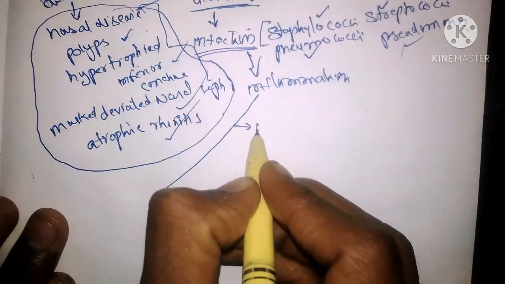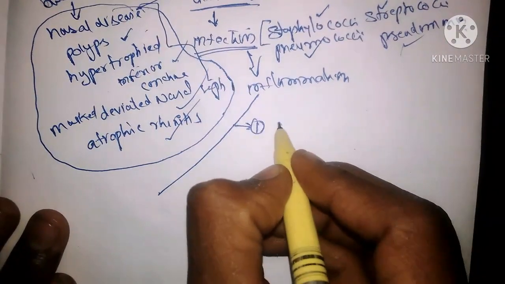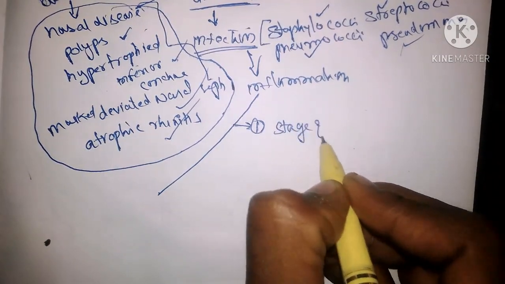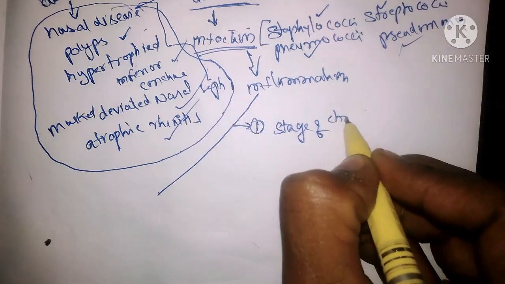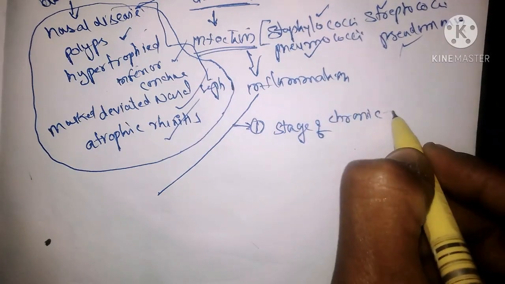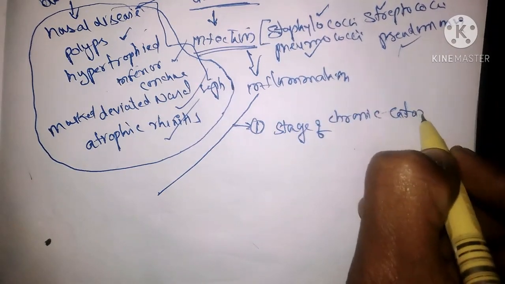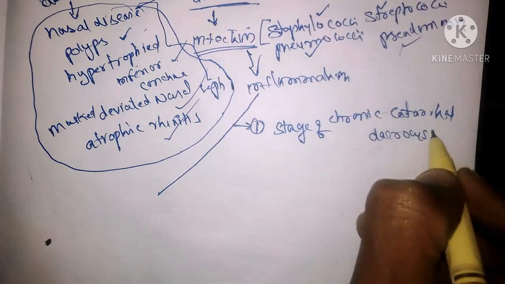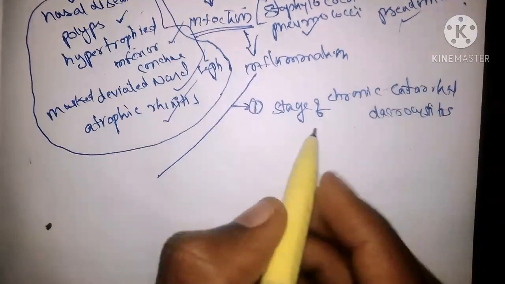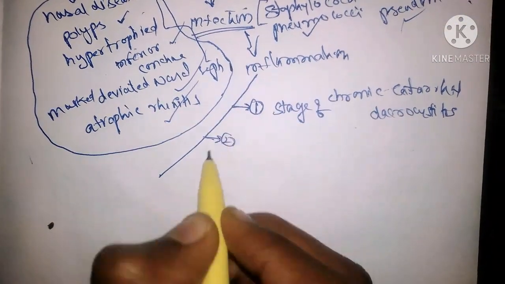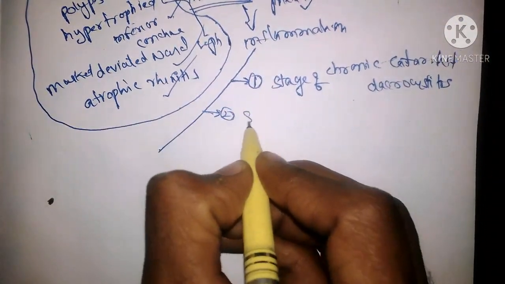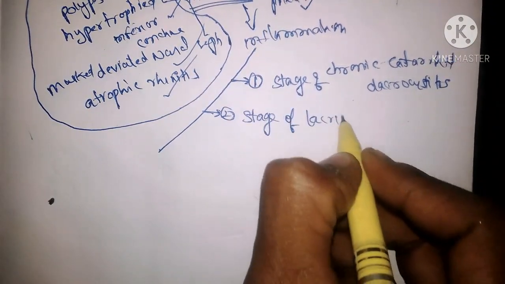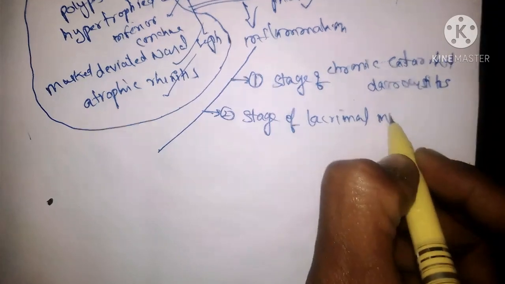The first stage is the stage of chronic catarrhal dacryocystitis. Second stage is the stage of lacrimal mucocele.